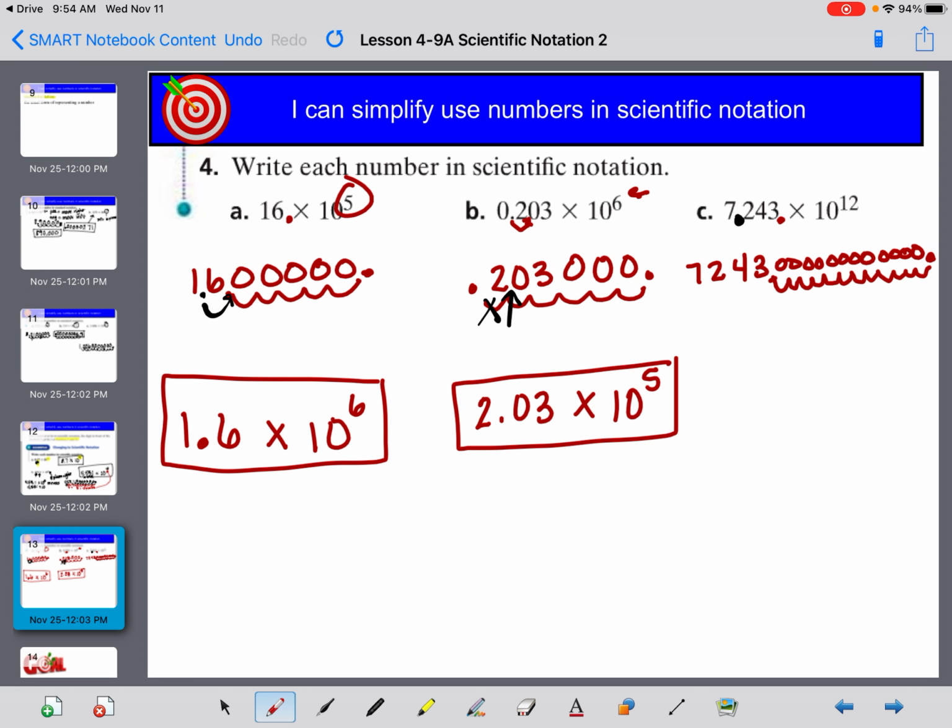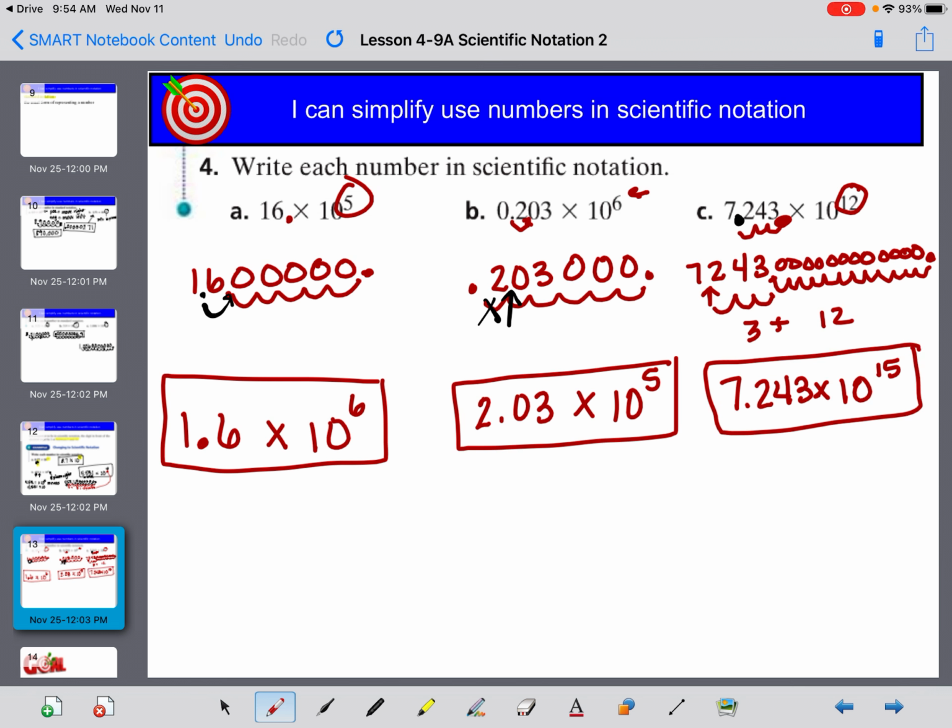That makes a number between 1 and 10. That means that if I'm going to move my decimal point, I don't just move it 12 places. It was 12 places from here. So from where the decimal should go, do you see it's an additional 3 hops? So if it was right here, that's an additional 1, 2, 3 hops plus the 12 hops from before. A total of 15 places to the right.